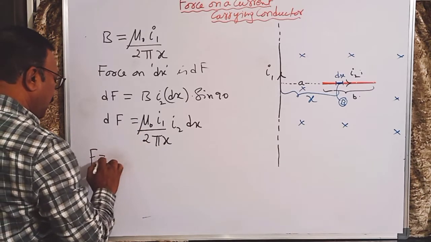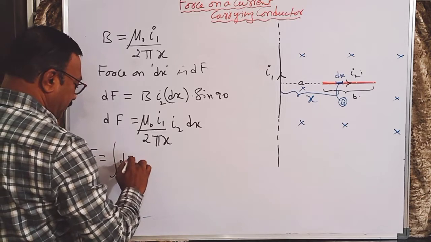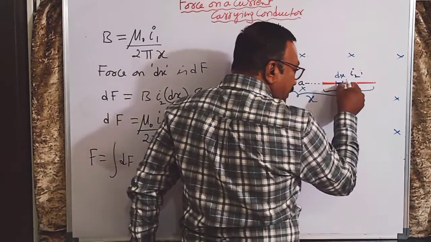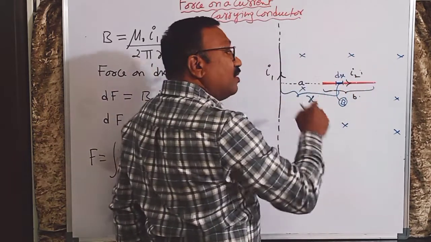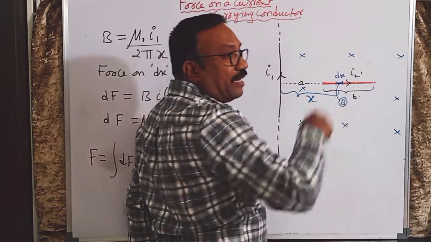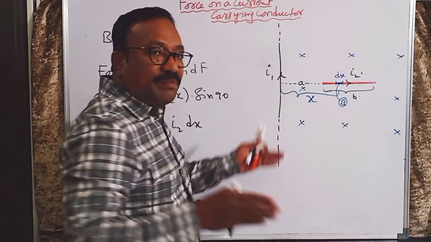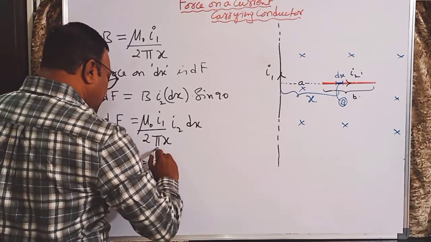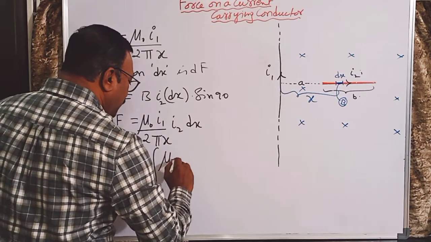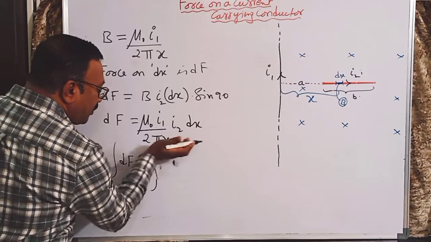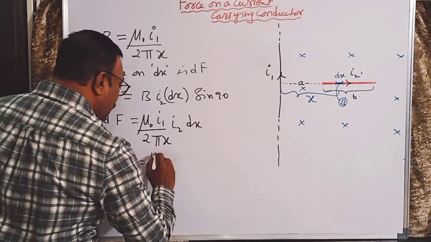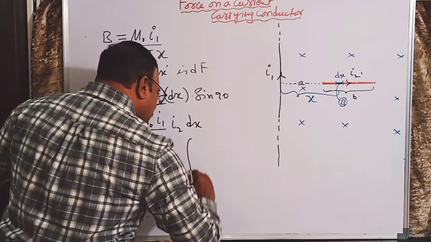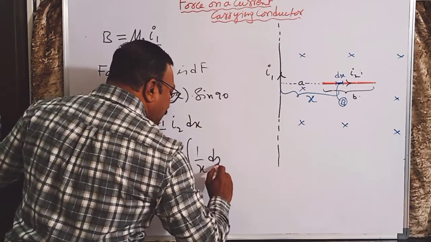The total force on the conductor is the integral of dF. That means I will take dx, dx, dx, all along the conductor, and forces dF will act. Total force means the summing up of all these dF's. That is called the integral of dF. This is the integral of mu naught I1 I2 by 2 pi, which are constants, so I will take them out. Then the integral of 1 by x dx.